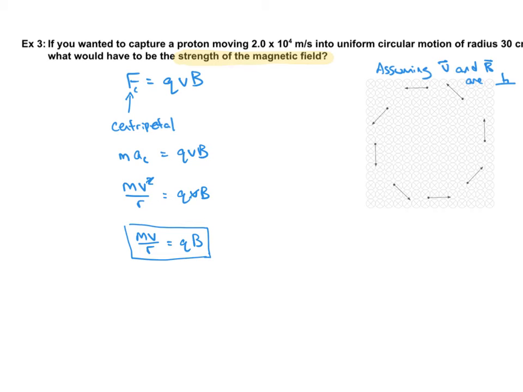For a car going around a curve in the road, the centripetal force was provided by friction. So there's all sorts of ways to provide a centripetal force. For this specific situation, the centripetal force on these charges is the magnetic force. And so I thought that was pretty cool.